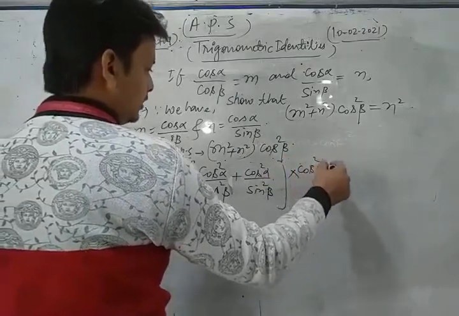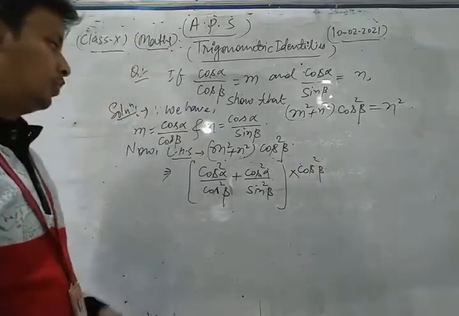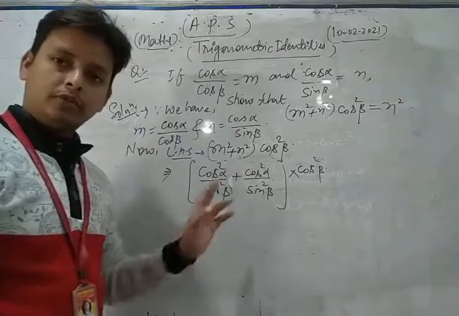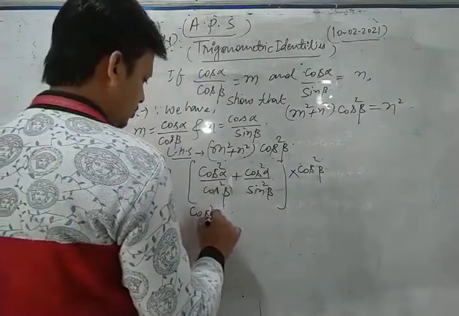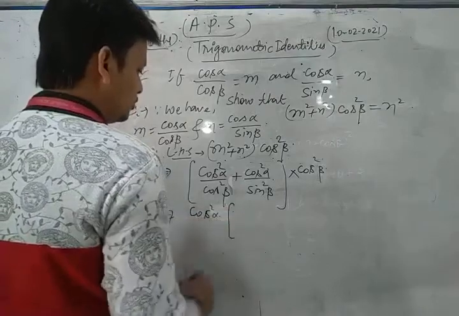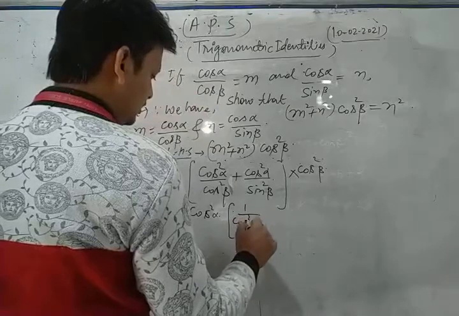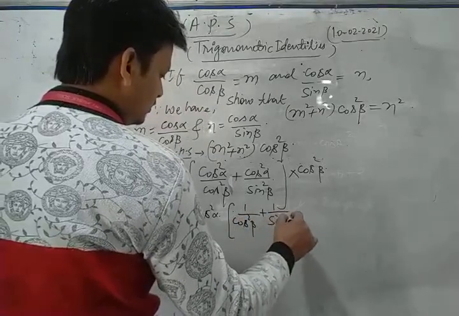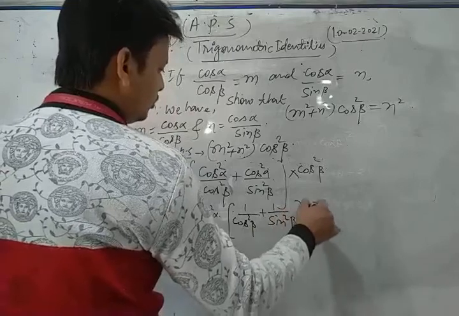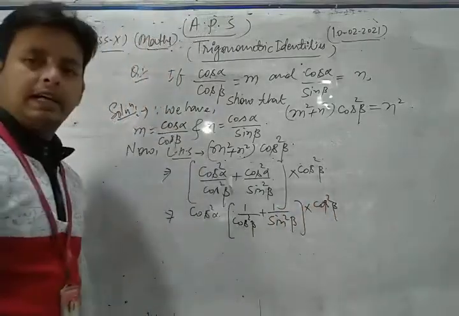Now we take cos square alpha as common from the numerator, so we get 1 upon cos square beta plus 1 upon sin square beta, into cos square beta as it is.